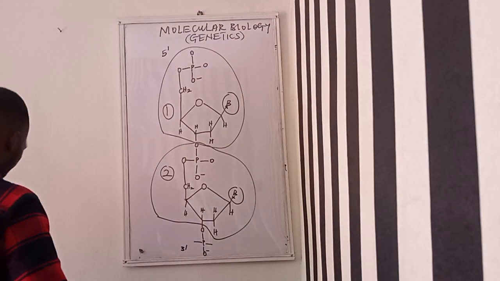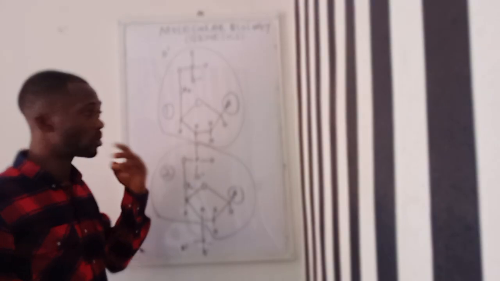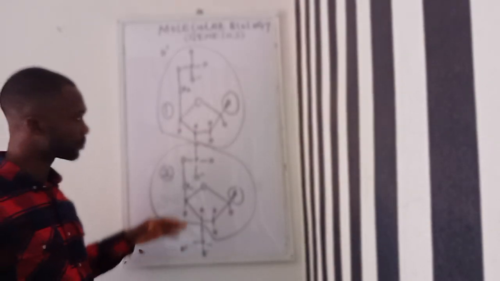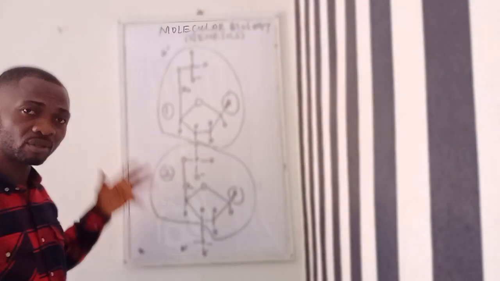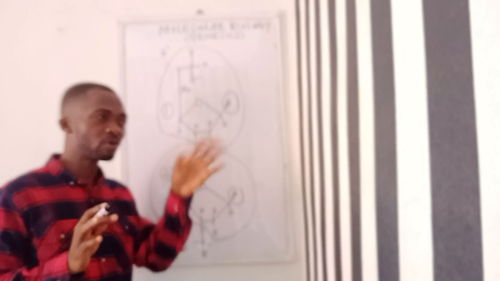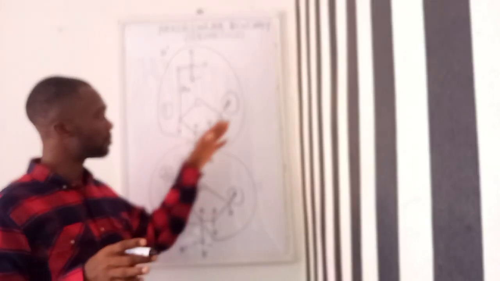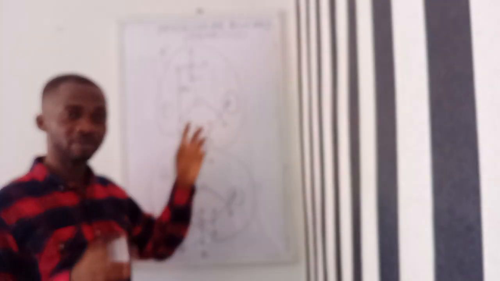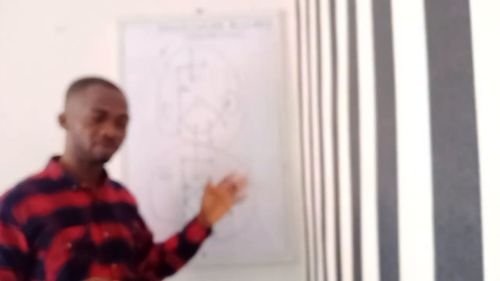And like I said, this base is made up of adenine, guanine. Because of how complex the structure is, and because of space, I will not go into drawing the base. The letter B is enough to indicate what we are talking about, which is the base.